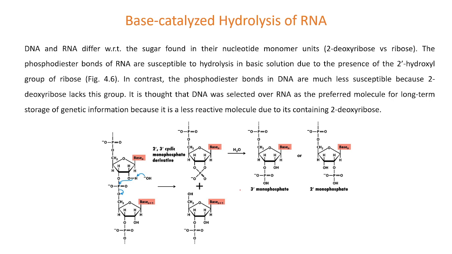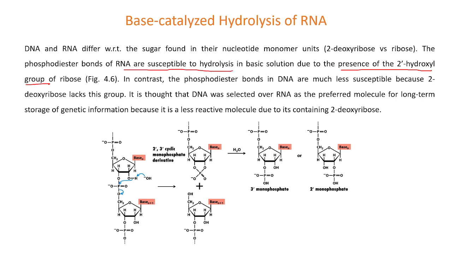The phosphodiester bonds of RNA are susceptible to hydrolysis in basic conditions. And why is it so? Because of the presence of the hydroxyl group in the ribose. Because of the presence of this 2 prime hydroxyl group, RNA becomes more susceptible to hydrolysis.